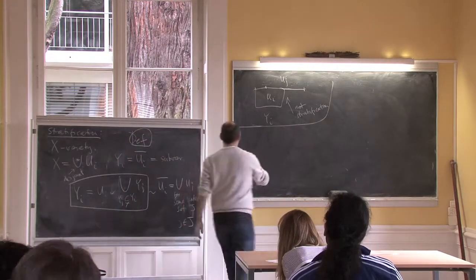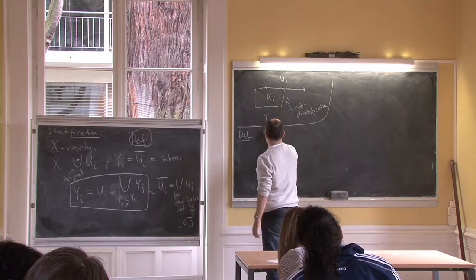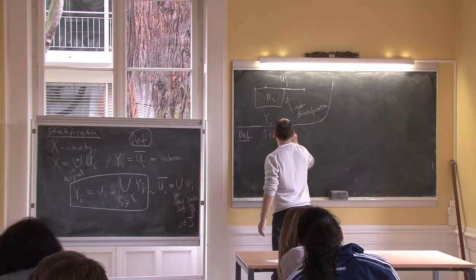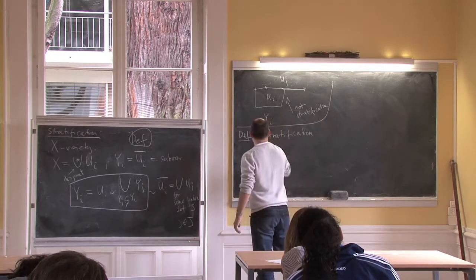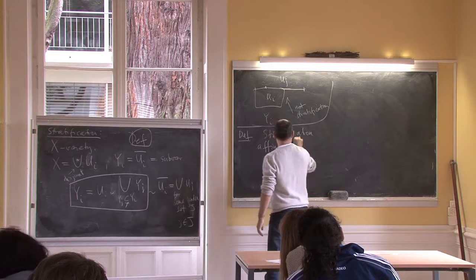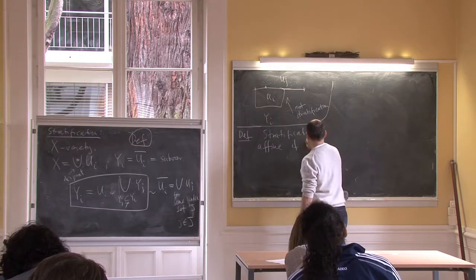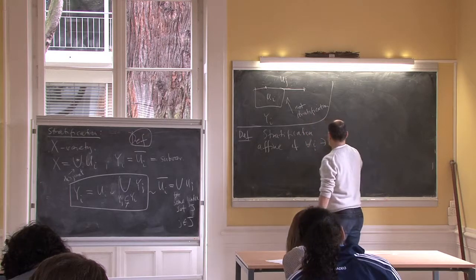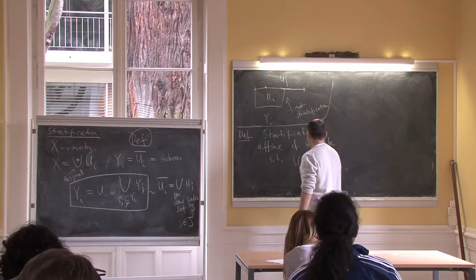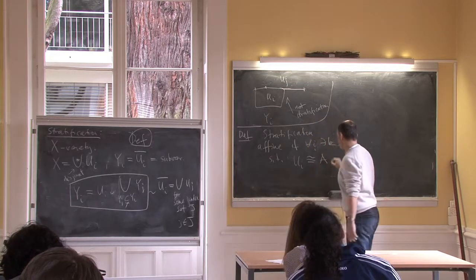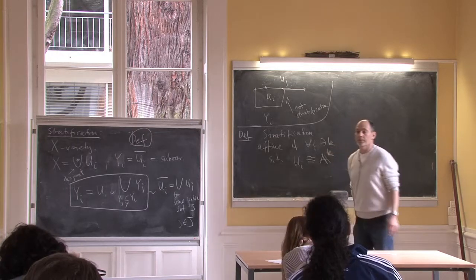And then there is an additional definition. We call the stratification affine if for each i there exists some k such that u_i is just the affine space A^k. So if the pieces are affine spaces, we call it affine.